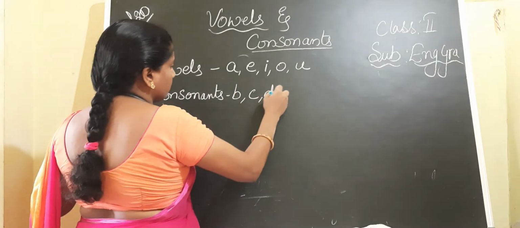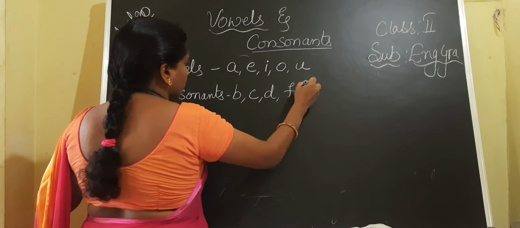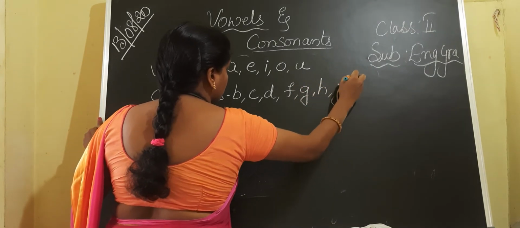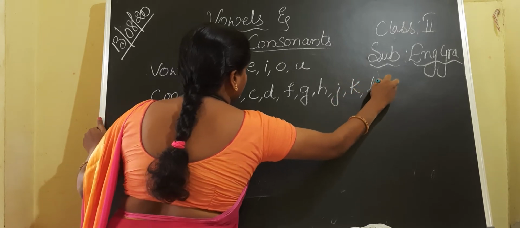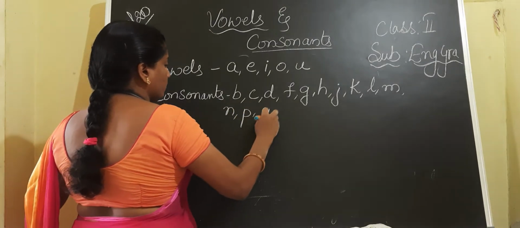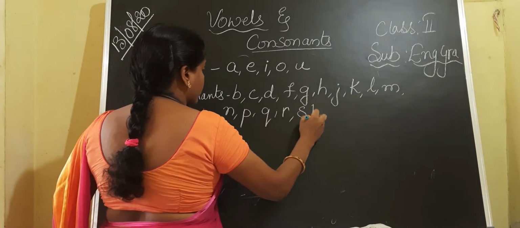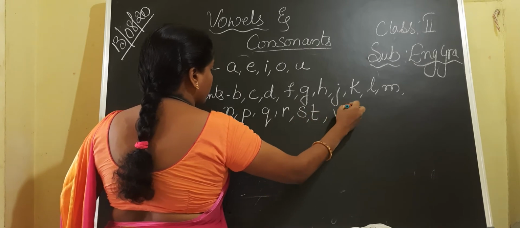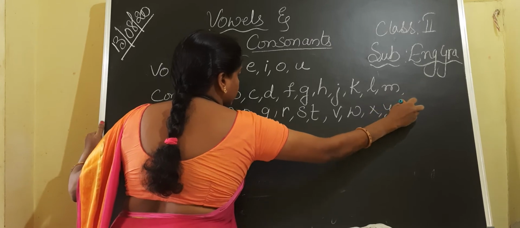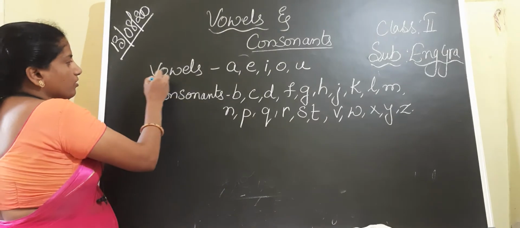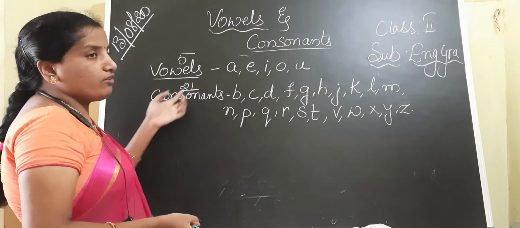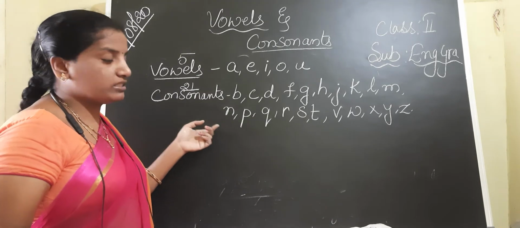B, C, D, F, G, H, J, K, L, M, N, P, Q, R, S, T, V, W, X, Y, Z are consonants. There are 5 vowels and 21 consonants.